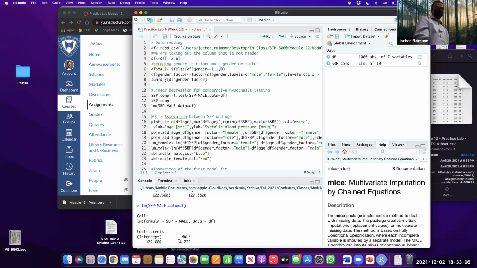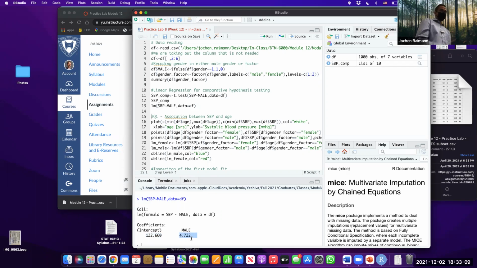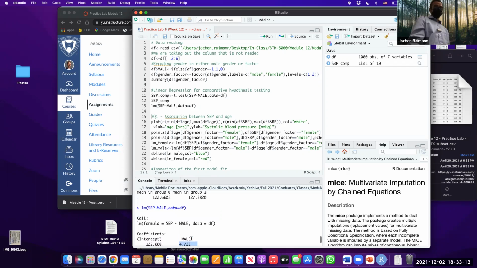The slope for male is now the increase from 0 to 1. Think about how the formula looks: you have an intercept plus your beta 1 multiplied by your x. If your x is male and it's 1, you're adding 4.722 to the 122.